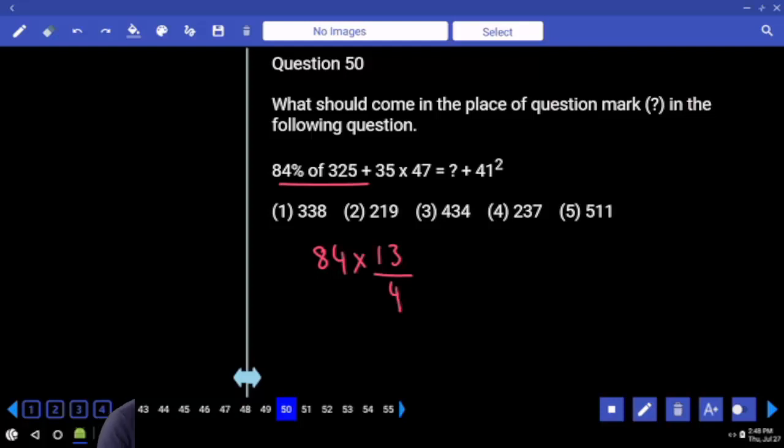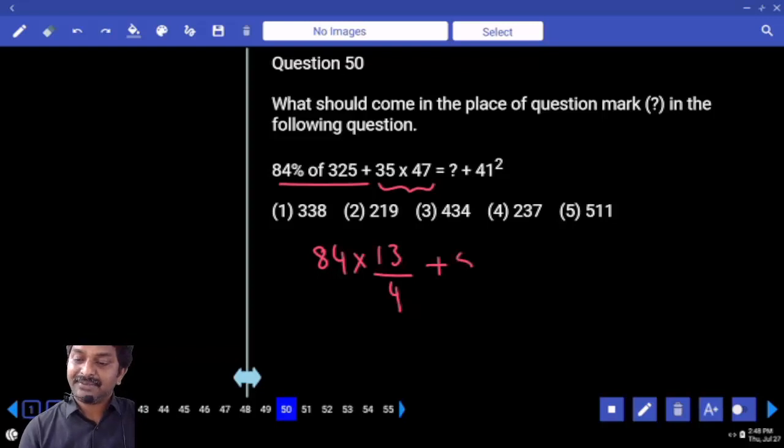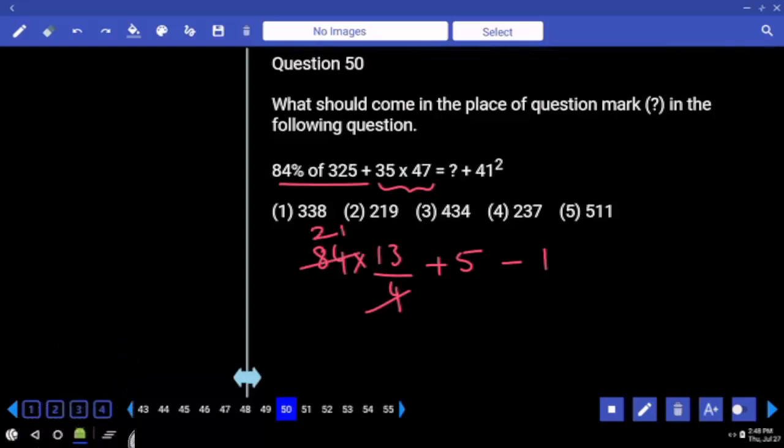Is that okay? 35 into 47 ends with plus 5, right? On the right hand side 41 square ends with, that comes to the left hand side, ends with minus 4. How many times? 21 into 13 ends with 3 plus 5, 8 minus 1, option 4.